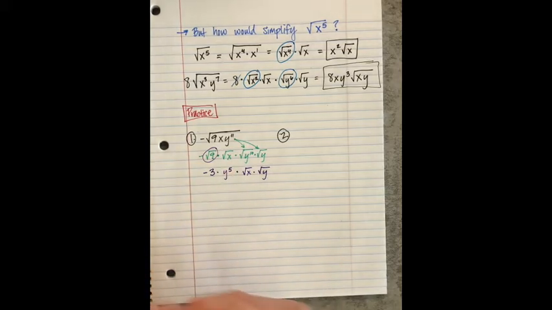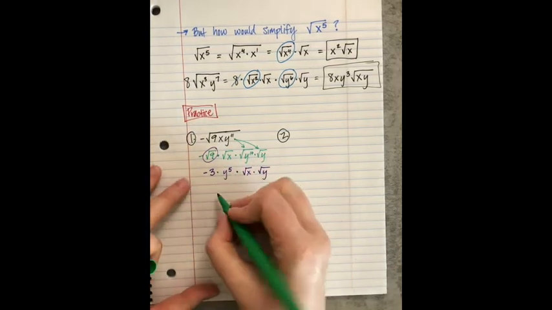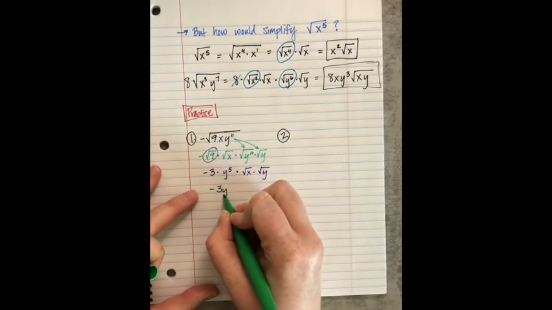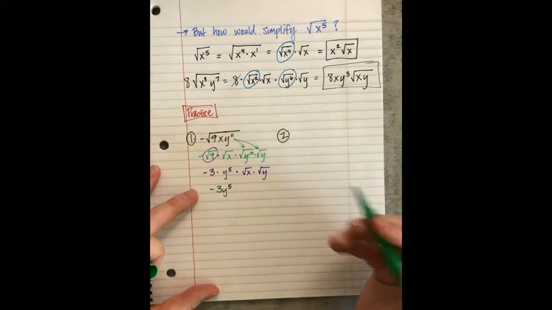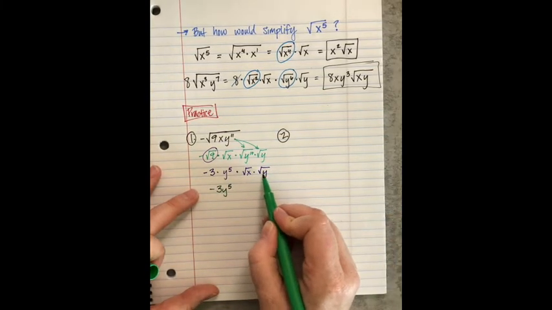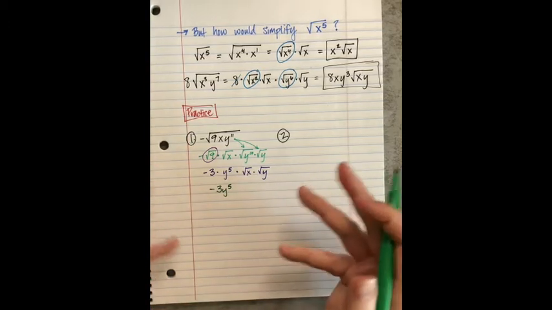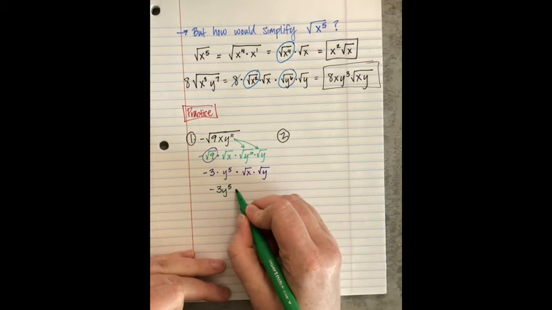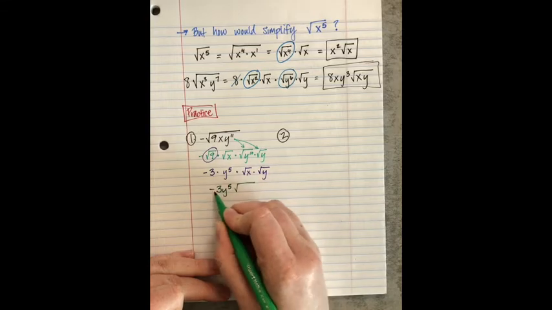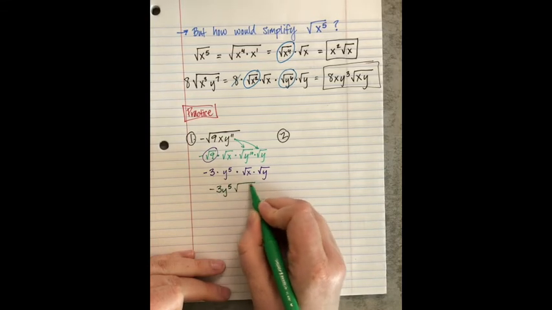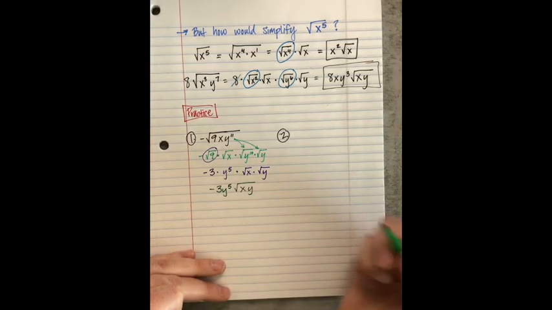The numbers out front, I'm going to mash those into negative 3y to the 5th. And then these two things that are both taking the square root, I can just multiply as x and y. X times y is just xy. So negative 3y to the 5th times the square root of xy.